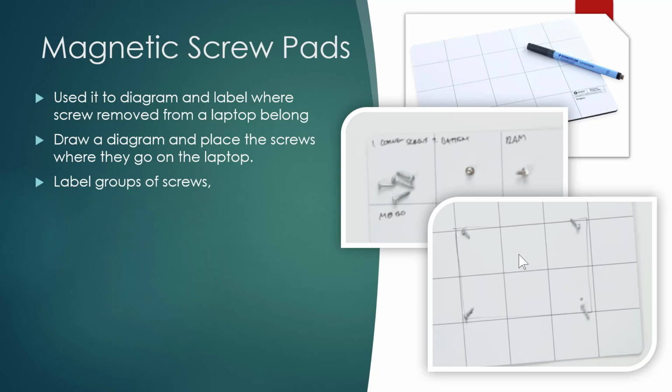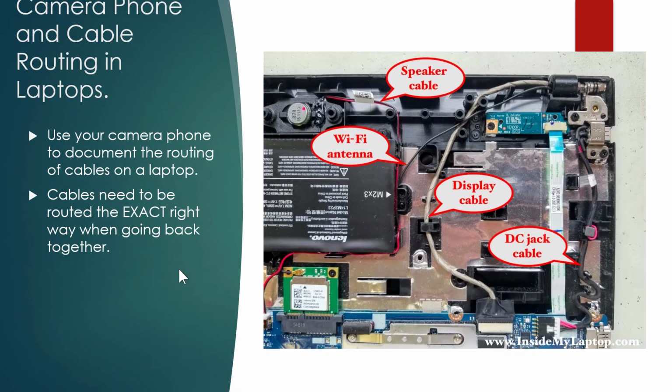If I'm taking a system board out, everywhere I take a screw out, I'm going to draw a little diagram of the system board, and everywhere I take a screw out of that system board, I'm going to draw a little X, and I'm going to put the screw I took out from that position on the X. That is to make sure I get all the screws back where they belong and I don't have any left over, and I'm not trying to put the long screw in the hole that's supposed to have the short screw, because that could be a very bad thing.